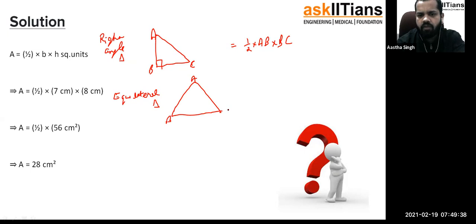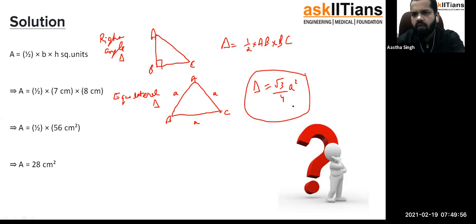ABC, if you know any one side, suppose a, then in an equilateral triangle the area is equal to root 3 upon 4 a square. This is your formula for an equilateral triangle. Also, if you do not know the area formula for an equilateral triangle, just drop a perpendicular. This perpendicular will bisect the base.